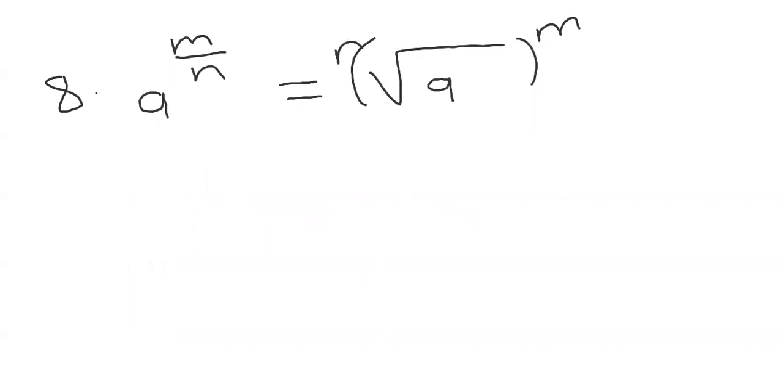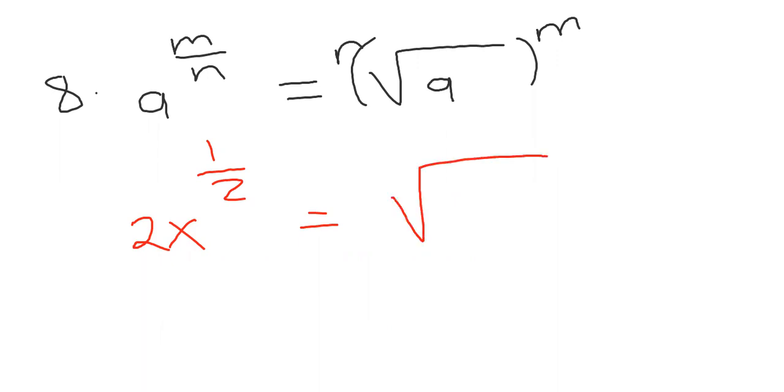Let's say you now have 2x to the power half. Then you want to convert that. So the rule says for you to convert that, we first start off by opening the root sign. Then under the root sign, we put our base, and our base this time is 2x. Then we go back to our power. Our power is a fraction.